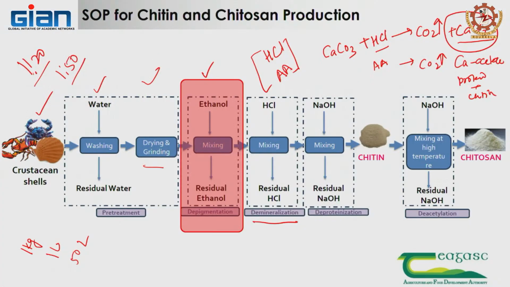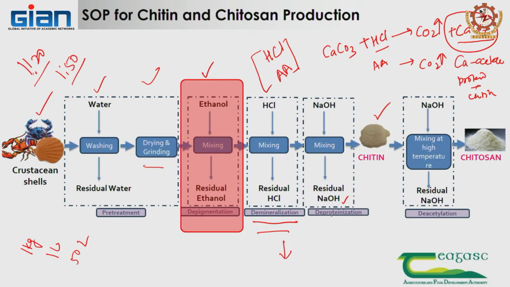Once you have this done, you wash whatever residue is left over to remove the acid, then you add alkali. The moment you add alkali, all the protein will be dissolved in the alkaline solution. Whatever is left over is your chitin.